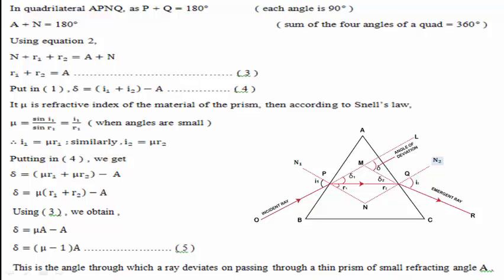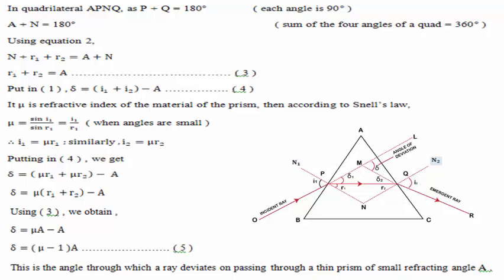Using equation 2, we get N plus R1 plus R2 is equal to A plus N. N gets cancelled out. R1 plus R2 is equal to A. Call this equation number 3.